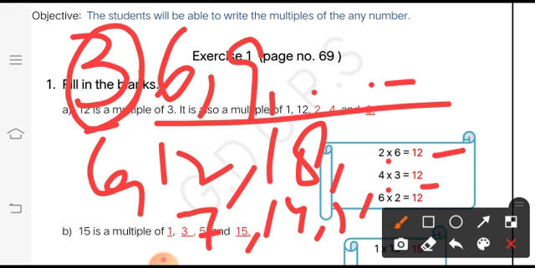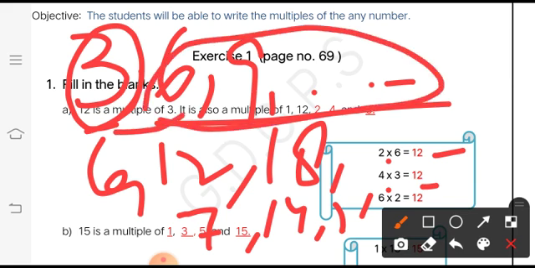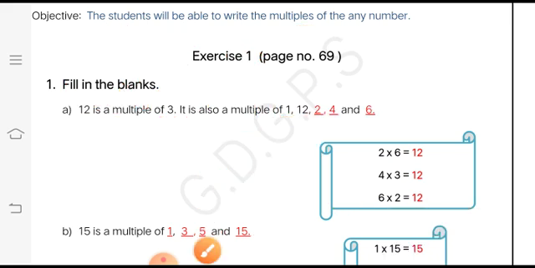That means any number smaller than the number cannot be its multiple. It means 4 cannot be a multiple of 5. 4 does not exist in the table of 5. So a multiple of a number is always greater than or equal to the number.